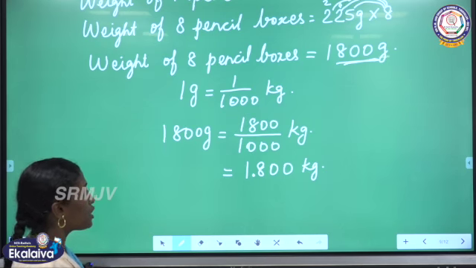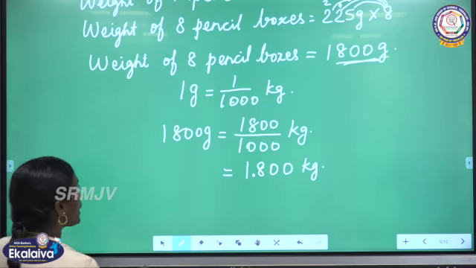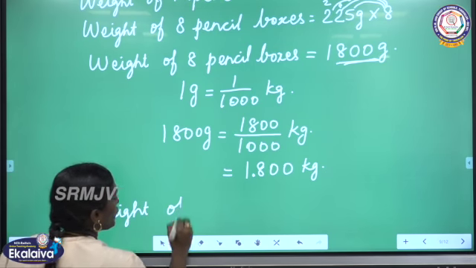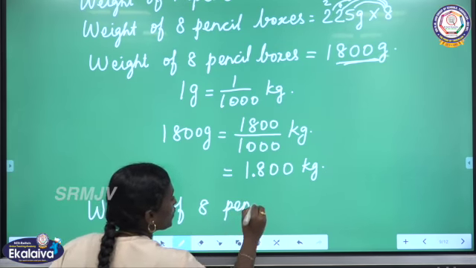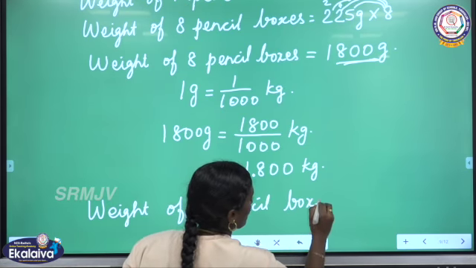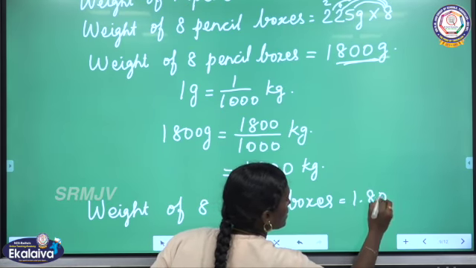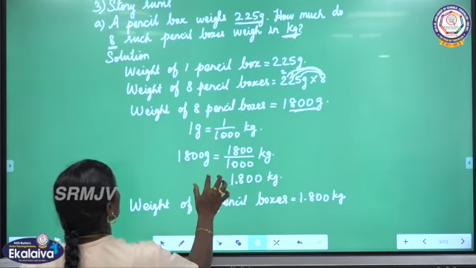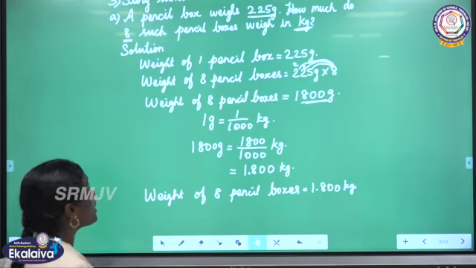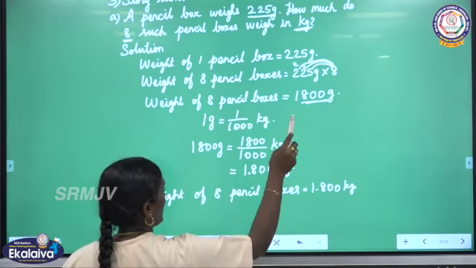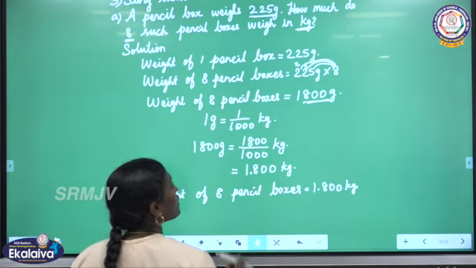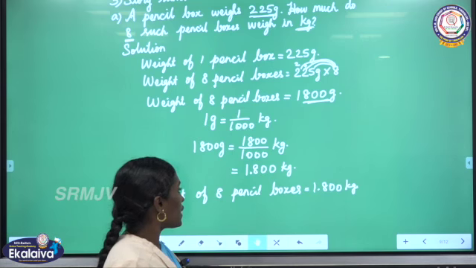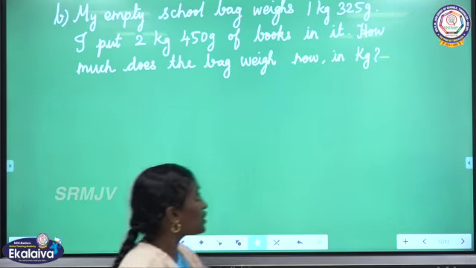So the weight of 8 pencil boxes is 1.800 kilogram. Was it clear, children? From the weight of one pencil box, we got the weight of 8 pencil boxes, but we got the answer in gram. After that, we are converting into kilogram. So the weight of 8 pencil boxes is 1.800 kilogram.